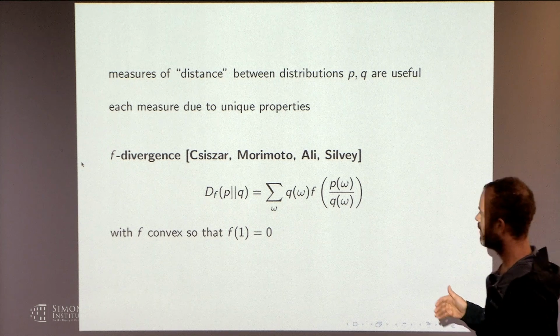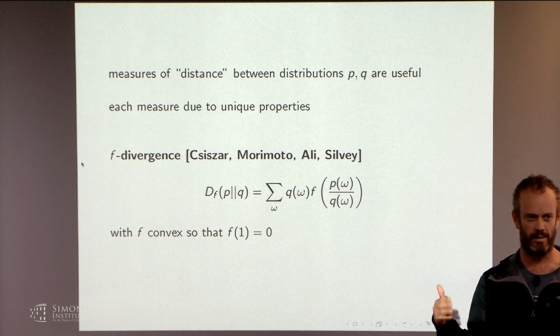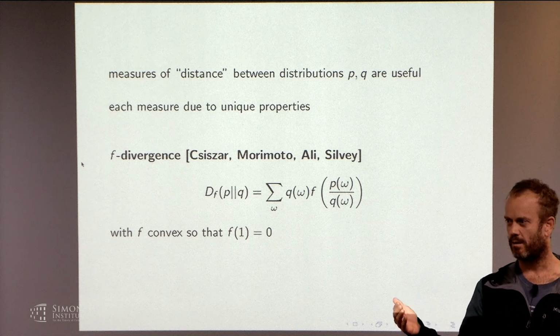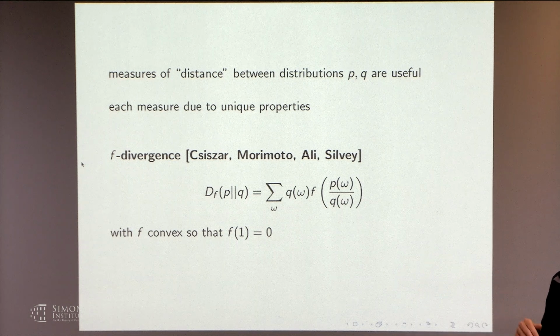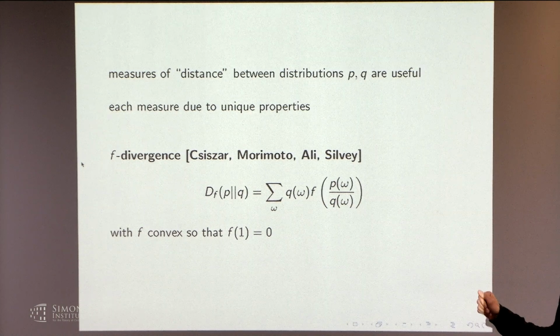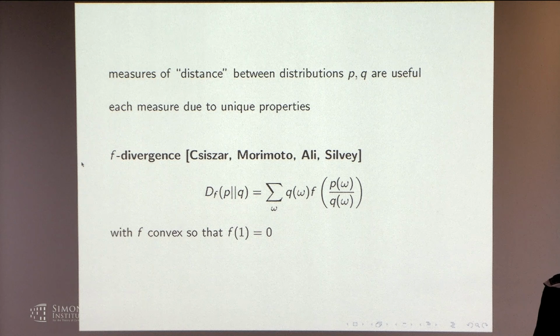So this is a distance. It's not a metric, but it's a sort of a divergence between two distributions. There is some distribution P and some distribution Q, and we want to define some number that depends on P and Q that is somehow related to their distance. So here is one way to do it.